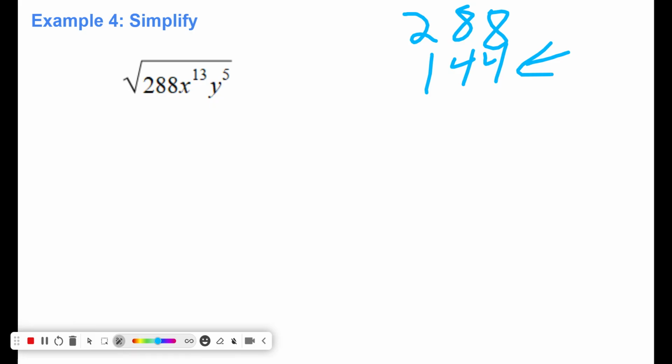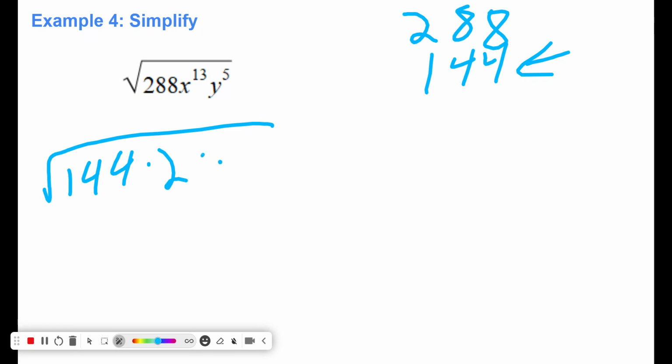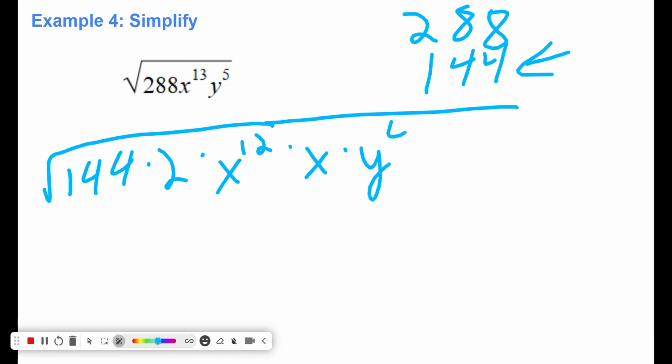So I'm just going to start with that. 144 times 2, x to the 13th power times, I want to make this an even number, x to the 12th times x times y to the 4th power times y. This looks a lot more complicated right now, but I've separated each of them into parts that I can simplify further.